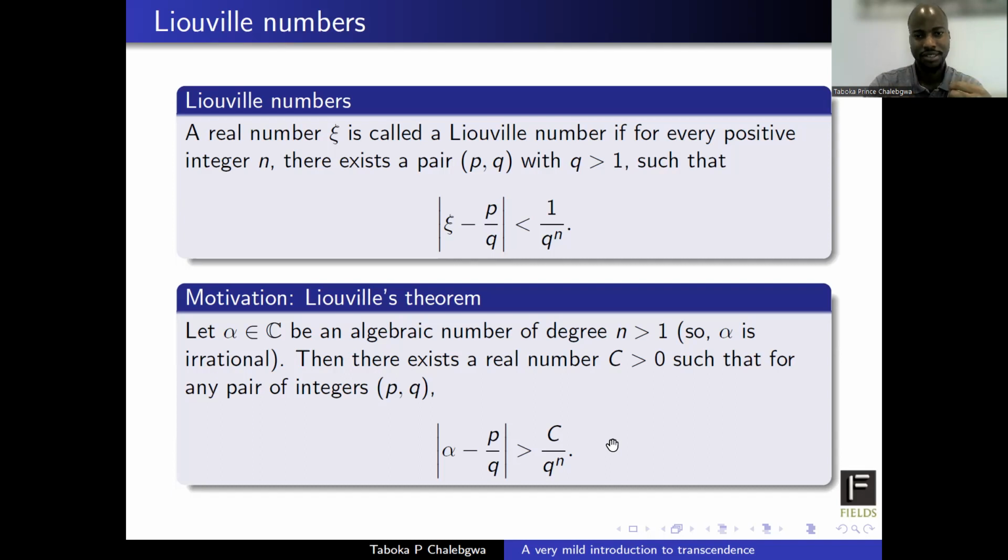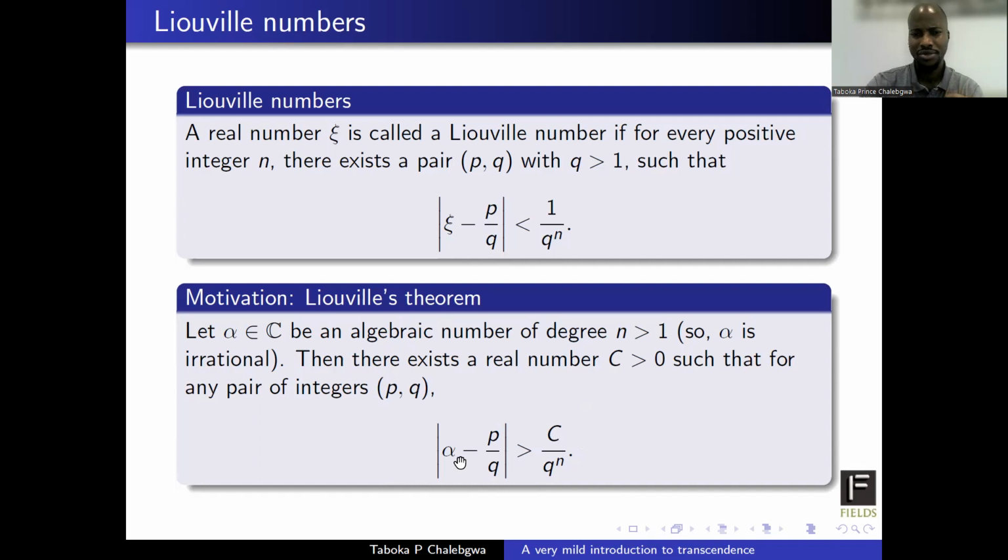And we, of course, once again, quantify that error by the denominator of the approximating rational number. So he essentially gives us a lower bound on how close we can get to approximating an irrational number by a rational number.